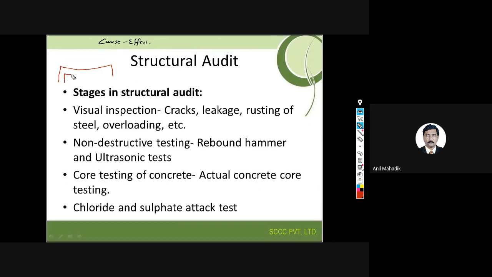What do you see here? What is your observation here in this beam? What do you observe? Deflection. Yeah, you are observing the deflection, that it is bending or deflecting. So why is it deflecting, what do you think? What may be the reason for deflection? Due to loading. Yes, due to load.